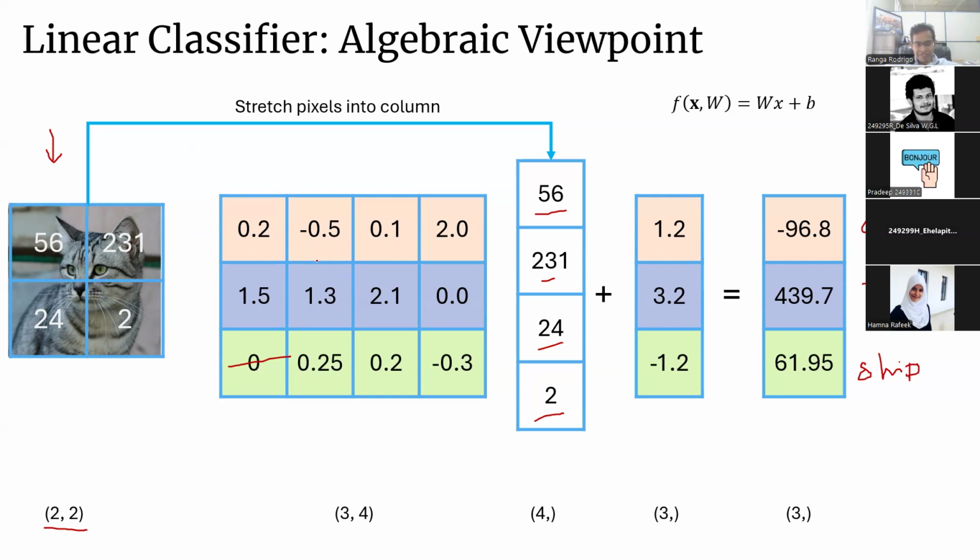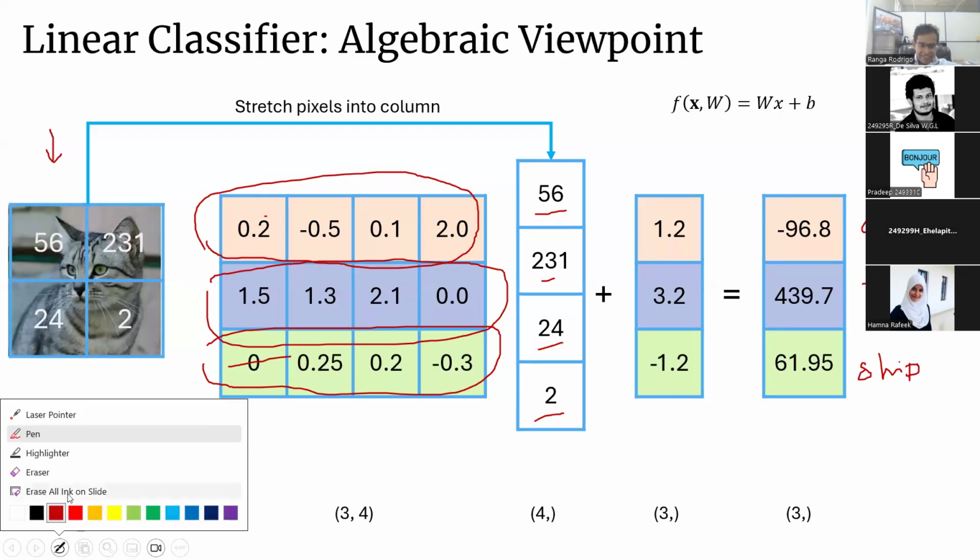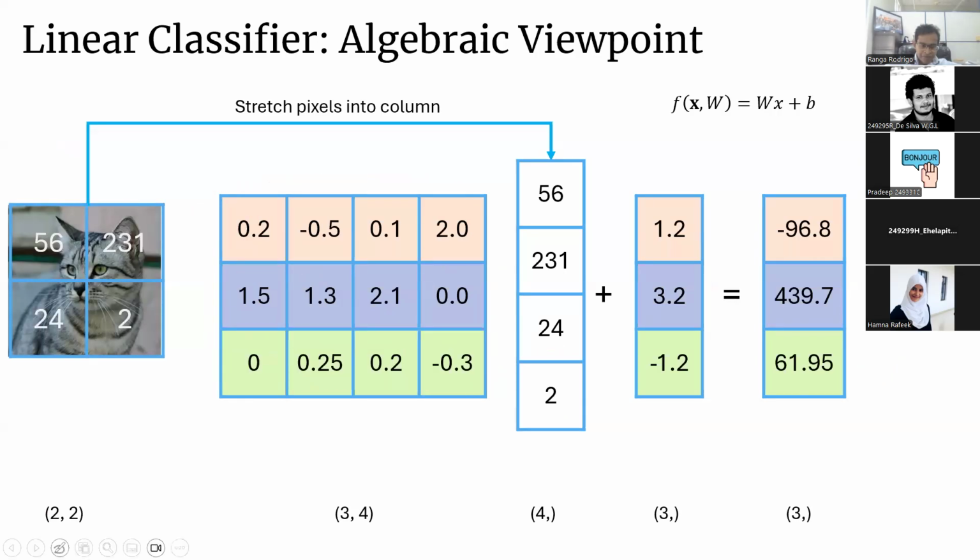Each of these rows corresponds to the weights of that class, corresponds to the weights of the sheep class. So now how do you compute the cat score? You multiply 56 with this 0.2.